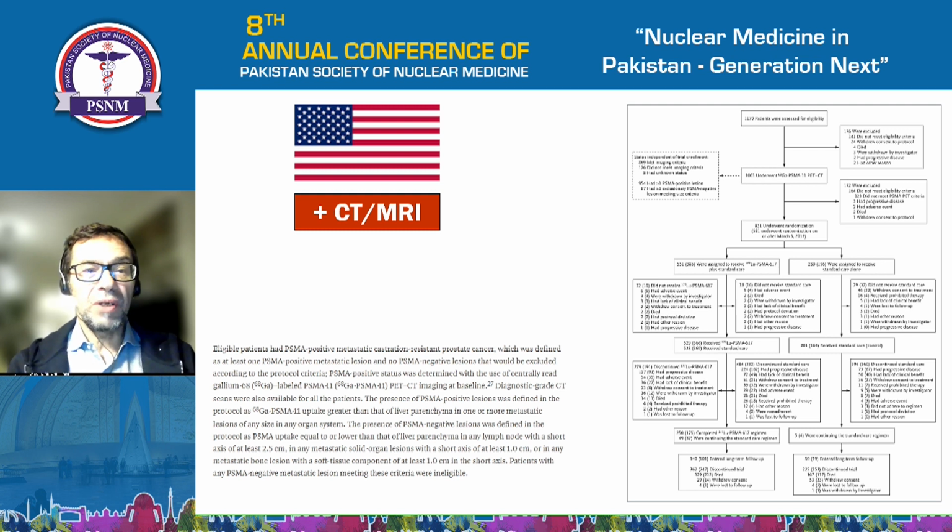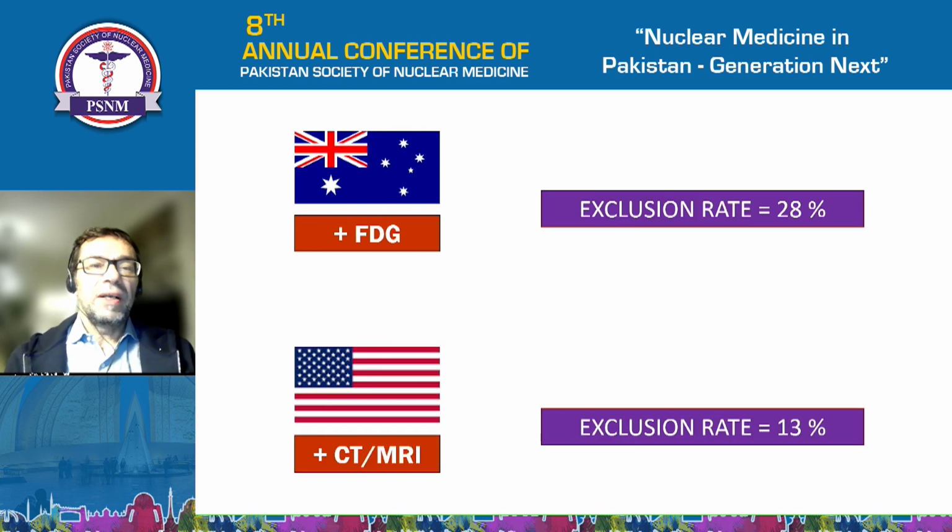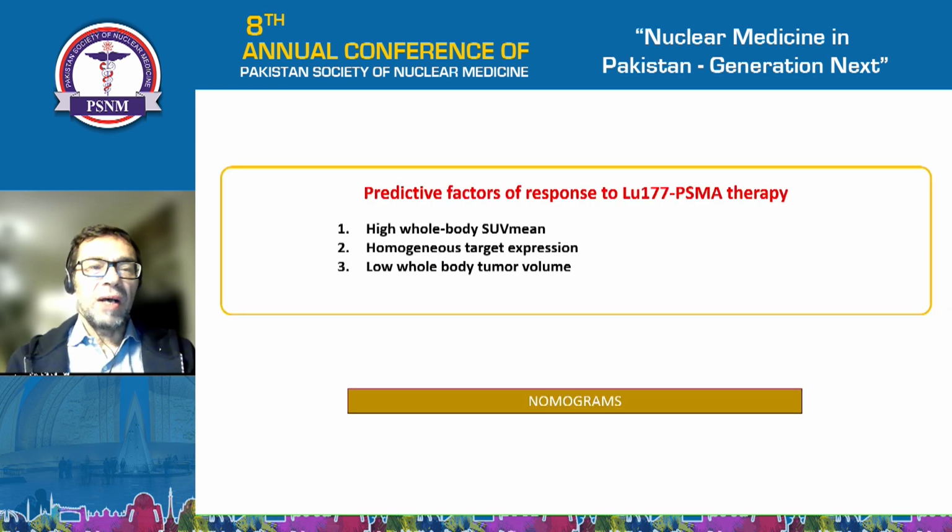The lesion should be of some relevant size, that's to say measurable, some centimeters, with a different size if located in a lymph node or in a parenchyma, but the concept is to exclude on the basis of CT or MRI scan. The exclusion rate with the Australian FDG approach was 28%, and with the North American approach, which is more conservative, it was about 13%. So other factors could be derived from the PSMA scan.